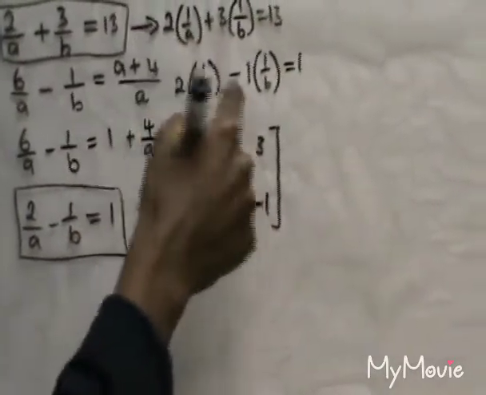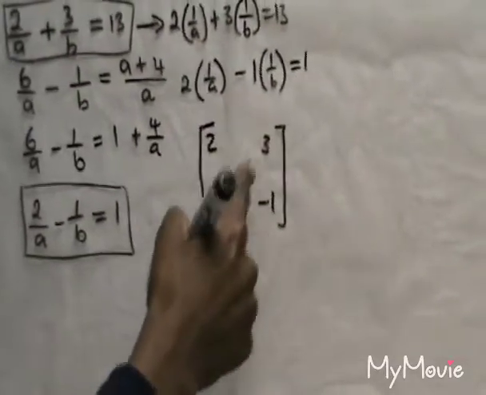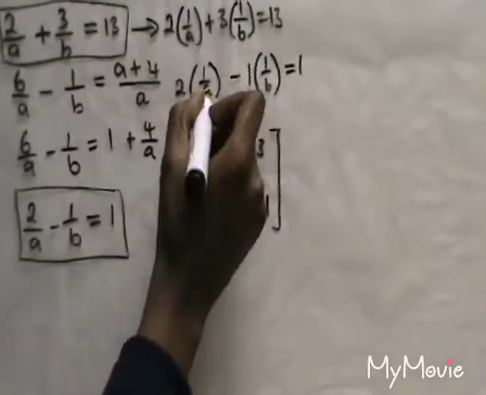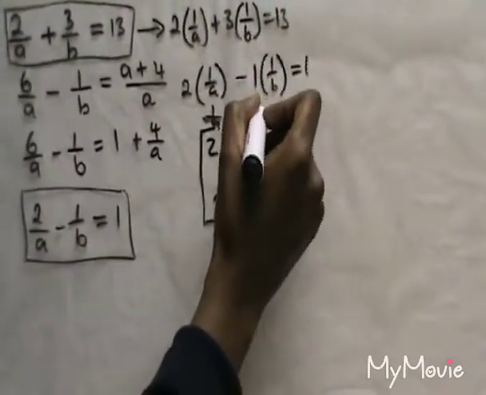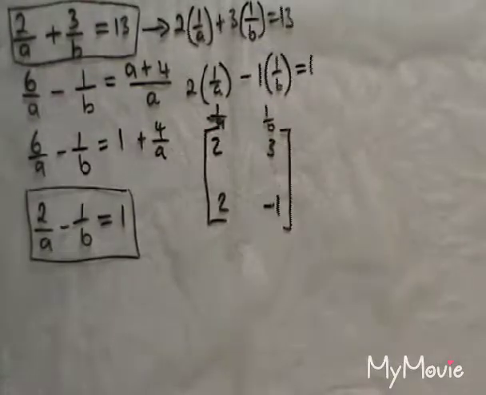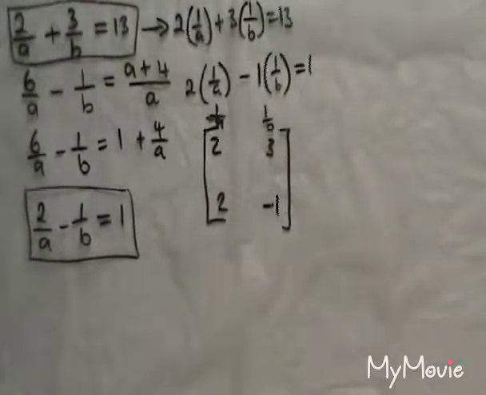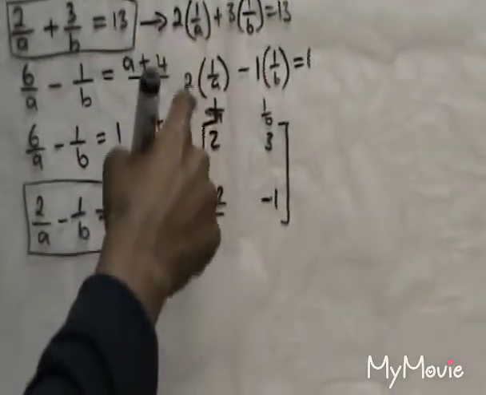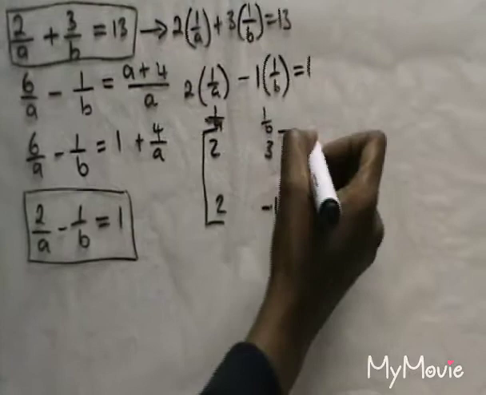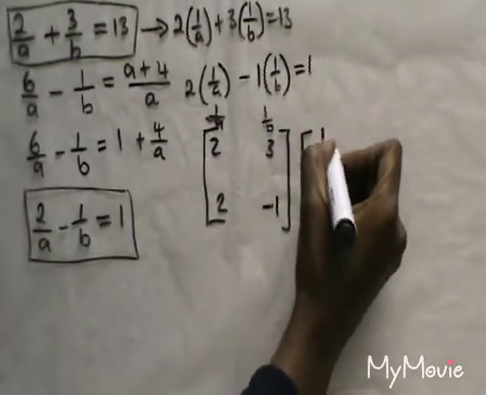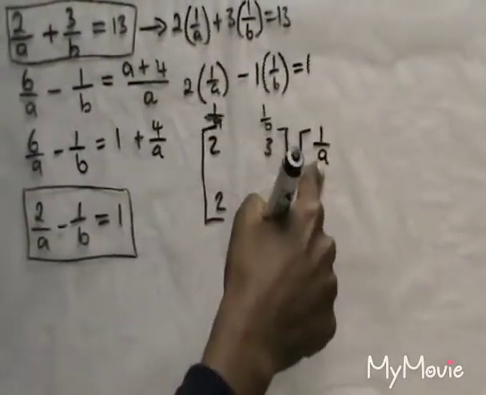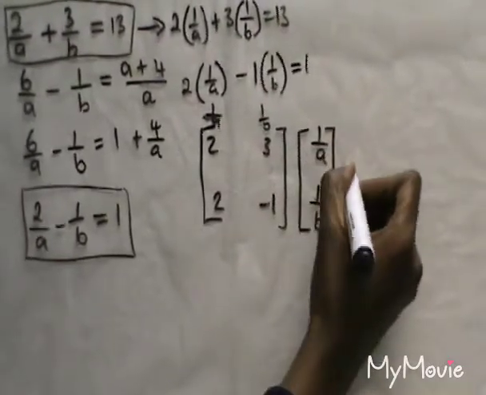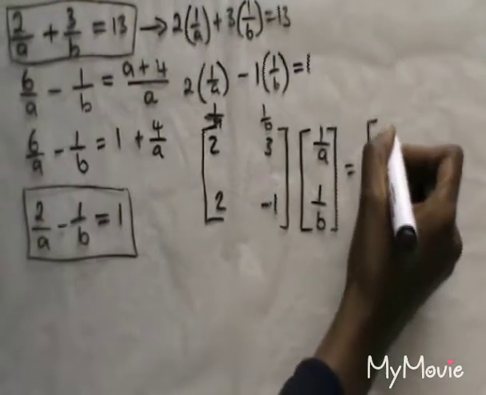All these coefficients are in the column of X, that is the column of Y. I'm used to X and Y, but here the variables are 1 over A and 1 over B. So I have 2 and 2, which are the coefficients of 1 over A, and 3 and minus 1, the coefficients of 1 over B. Here I would multiply this by 1 over A, this is the first one, so it's this times that. And then this one would multiply 1 over B. And this is all equal to my constants over there.